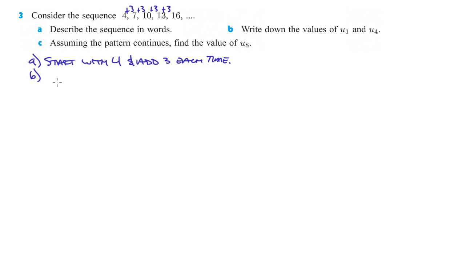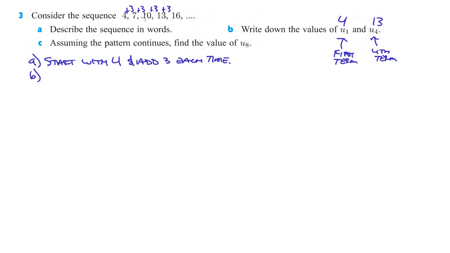Part B says write down the values of U1 and U4. This means the first term, and this here is the fourth term. So U1, the first term, is 4, and then the fourth term, 1, 2, 3, 4, is 13. Okay, assuming the pattern continues, find the value of U sub 8.